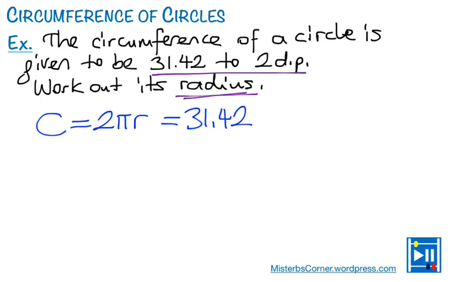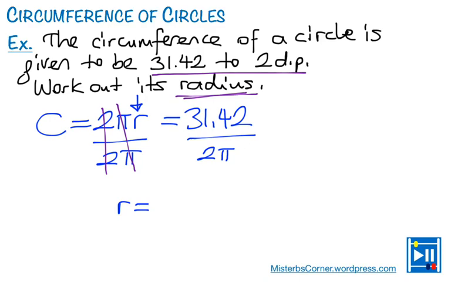Now remember that 2 and pi are constant numbers, right? They're not unknowns. The unknown here is r. So basically, I can just divide both sides by 2 pi, right? I'm doing this to cancel out the 2 and the pi so that I end up with r alone. So this is what I'm going to write in my calculator to find the radius.